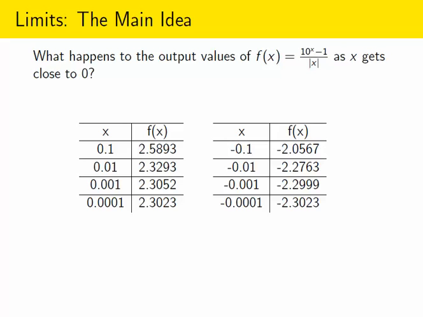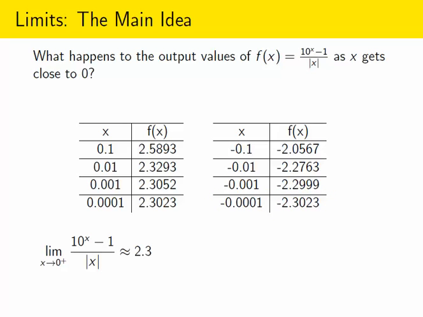Now we're plugging in values that are getting closer to 0, but they're slightly less. And instead of getting values for the output that are close to 2.3, this time we get values that are close to negative 2.3. So we have some notation to illustrate the results that we've observed here.